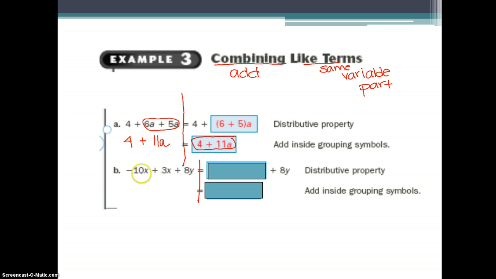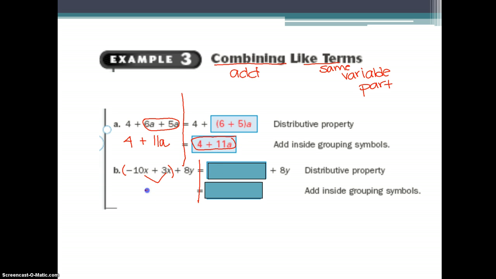Part B. I have lots of variables, but only negative 10x and 3x are in common. I would get in the habit of circling the like terms, or sometimes you might see me put parentheses around them, just so I know what I can combine together. Again, I'm just going to do it without distributive property, and you can see what it looks like on the right.